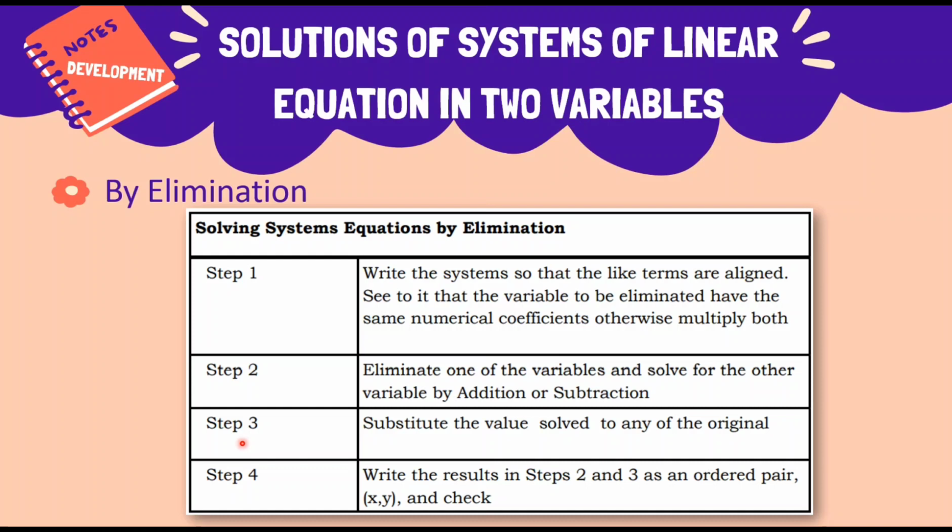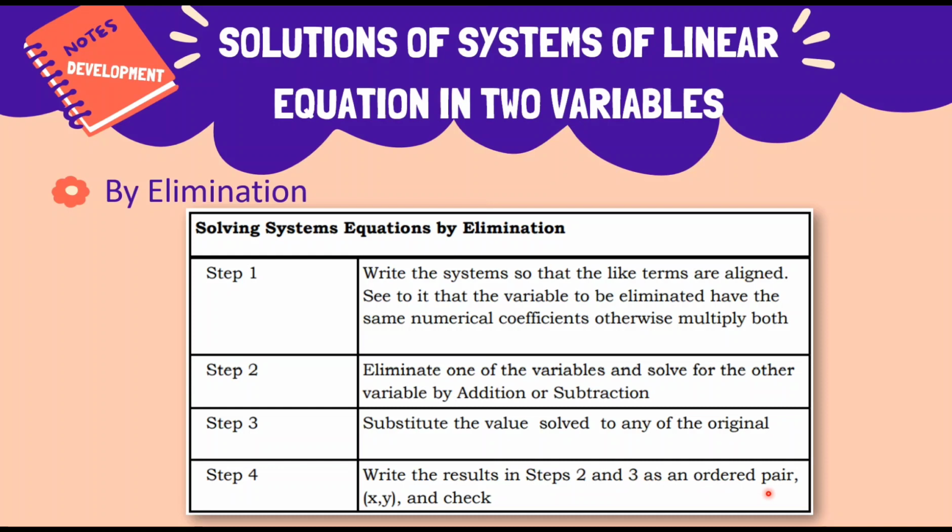And then step 3, we need to substitute the value solved to any of the original. So just like what we did on substitution method, we need to substitute the value of one variable in any of the or to any of the given equation, the original equation. And finally, step 4, we need to write the results in steps 2 and 3 as an ordered pair.